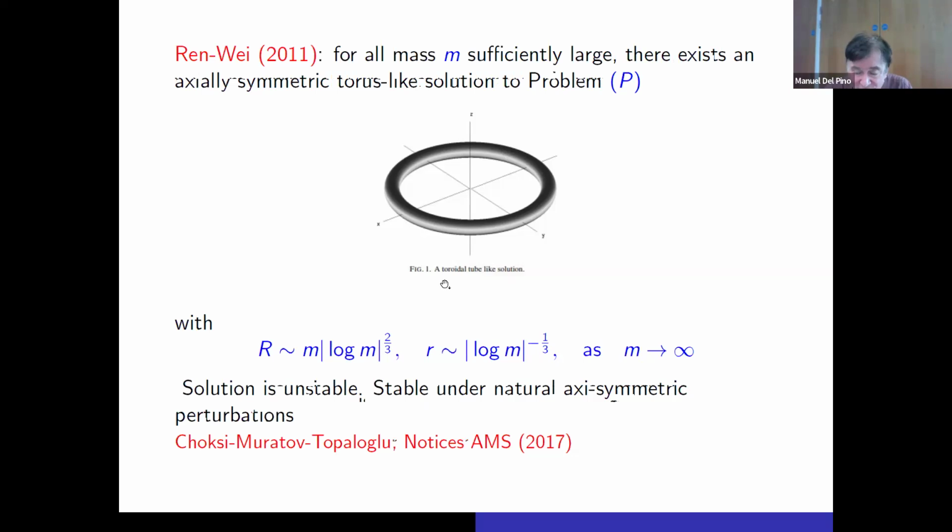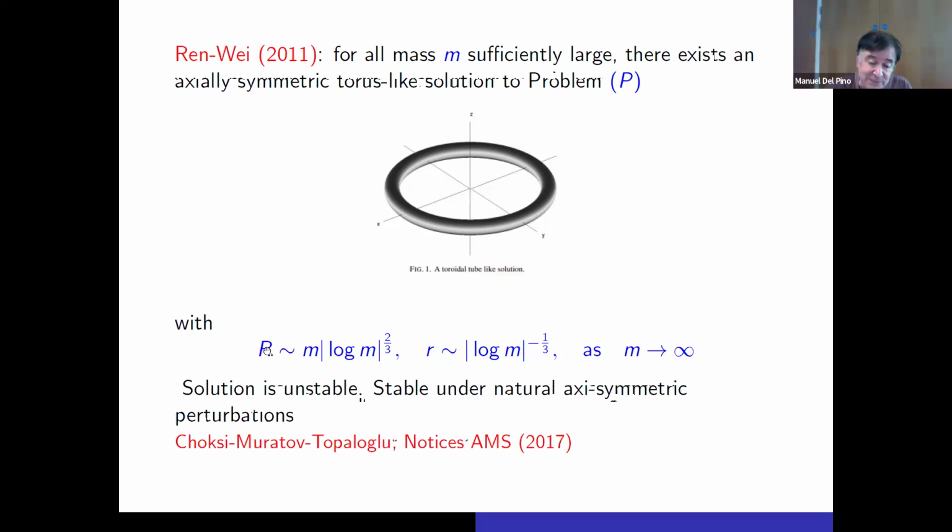What they were able to find also about the shape of these solutions is that these tori have a large radius of order M times logarithm of M to the power 2/3, while the radius of the section, which is approximately a circle, goes to 0 like log M to the power negative 1/3.